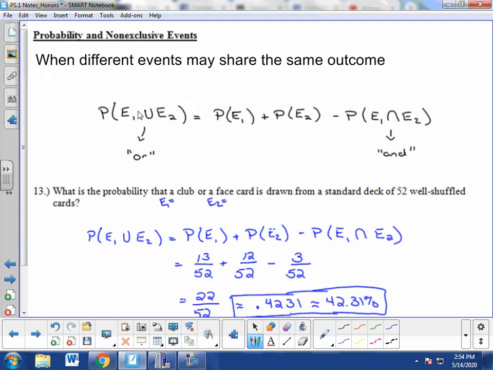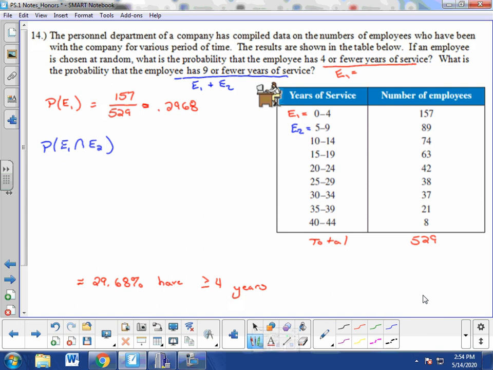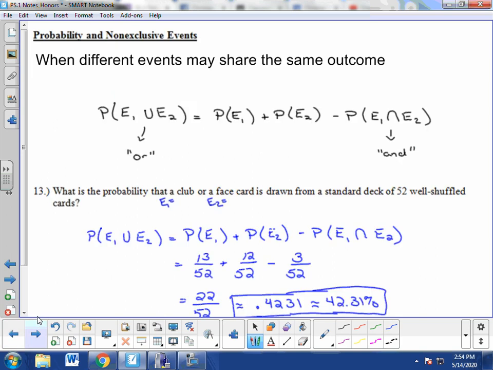This was an or statement where these are non-exclusive events. Let me go back. I made a mistake here. This should be an or. We want the probability that they're either in the first category, 0 through 4, or in the second category, 5 through 9.